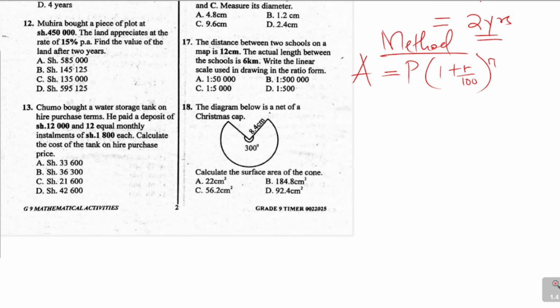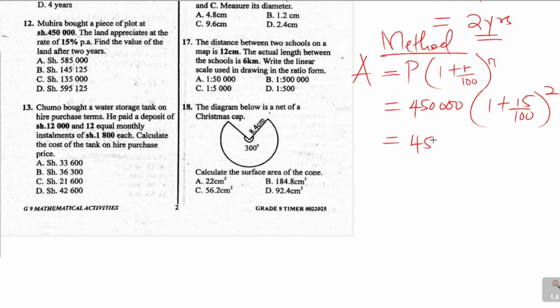So amount is what you are looking for. We are looking at the value after 2 years. P is the initial cost of this plot, which is 450,000. Then 1 plus the rate, which is 15%. And then the period is 2 years. N is 2.